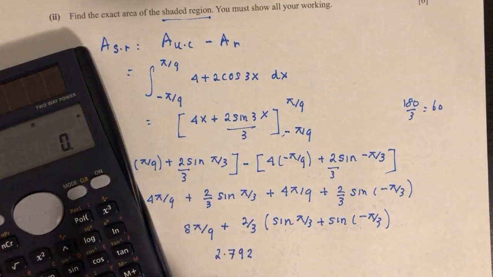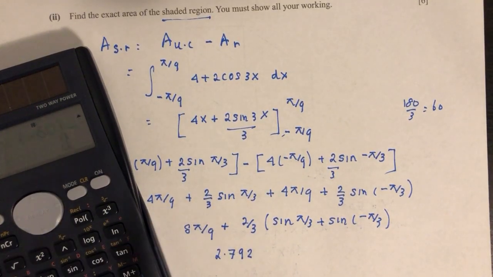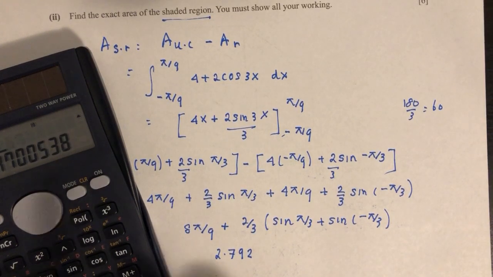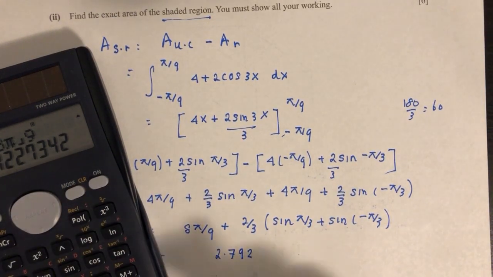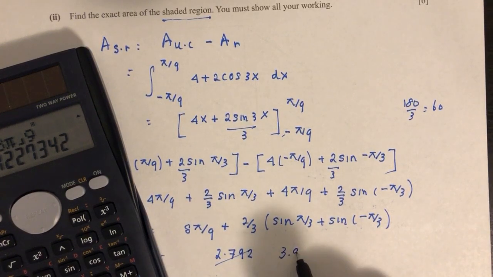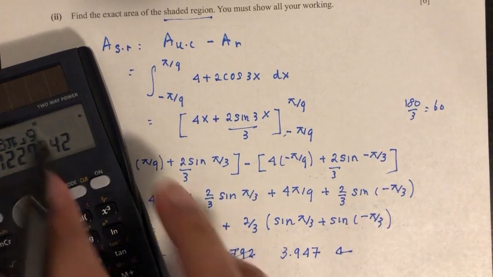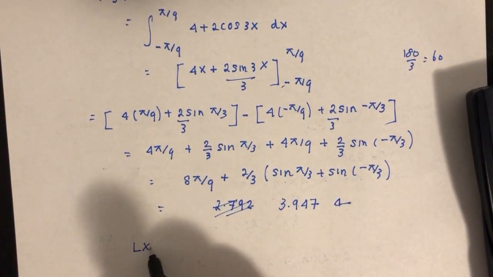So sine 60 minus sine minus 60. Okay. That will be actually 3.947. So what is the area of the rectangle? As we have seen, the rectangle is length times width.